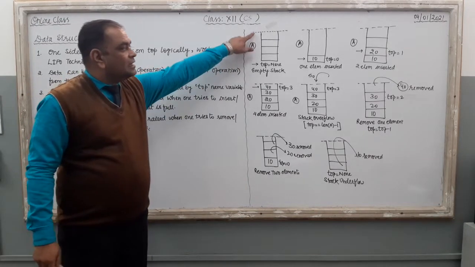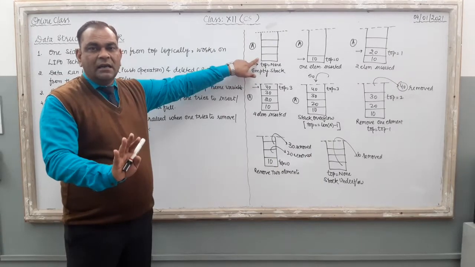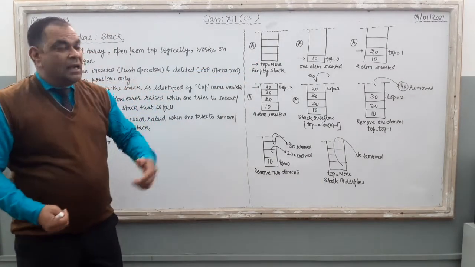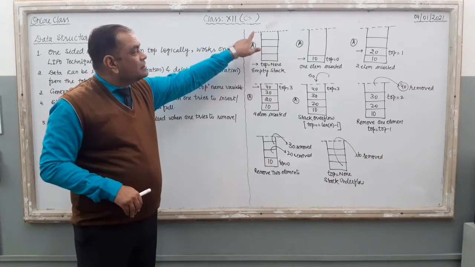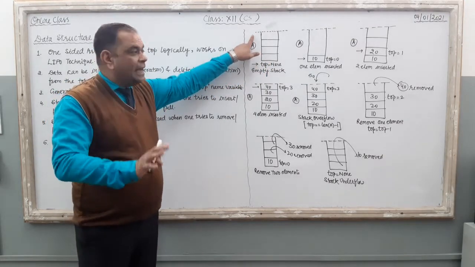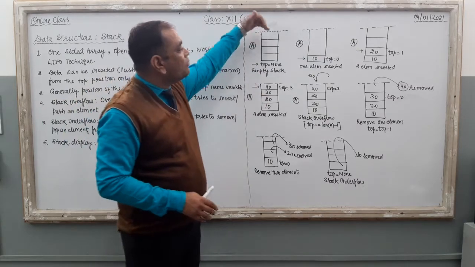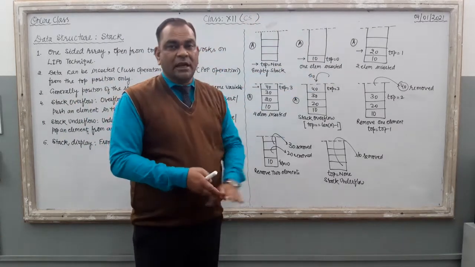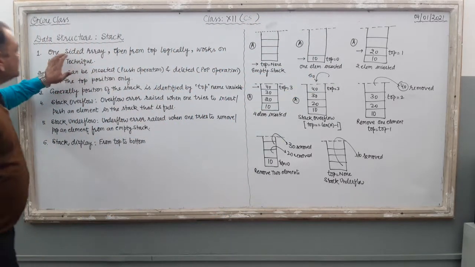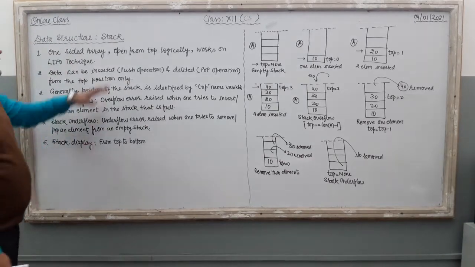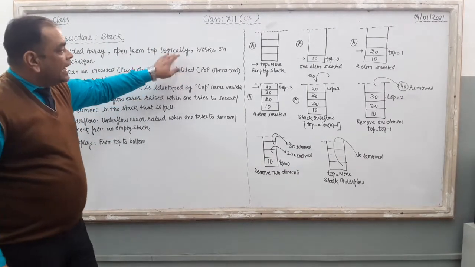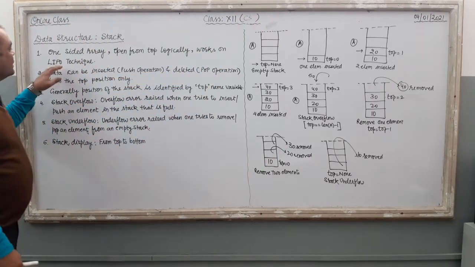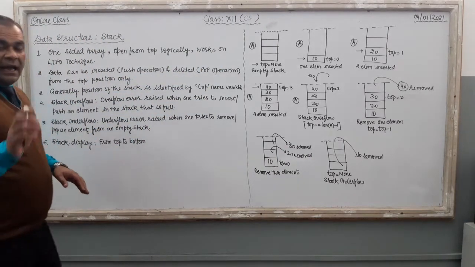It's just like an array, but logically you pack the bottom of this array, and you insert the element as well as remove the element from the top surface only. So we can say it is a one-sided array, open from the top logically, and it works on the LIFO technique.